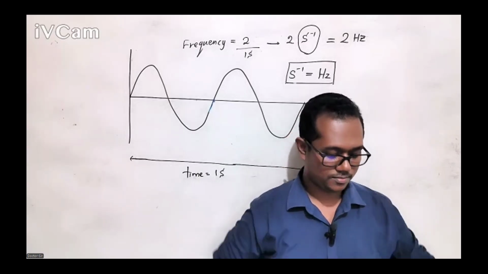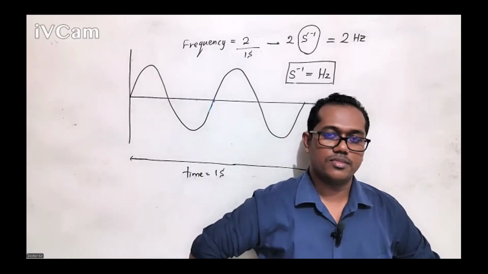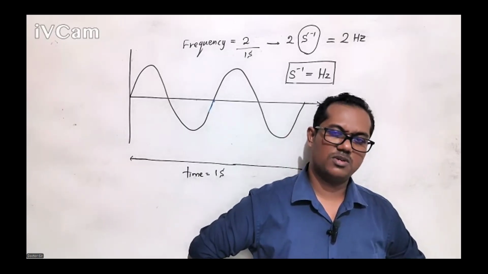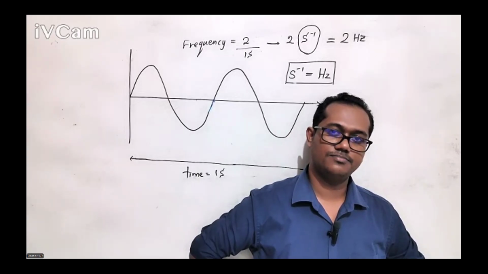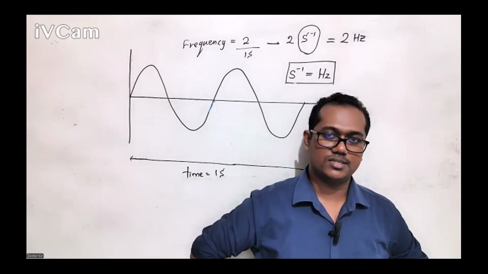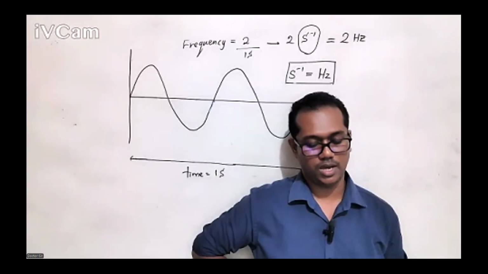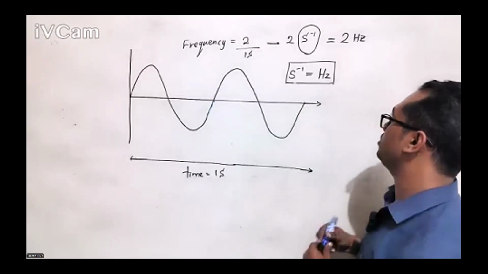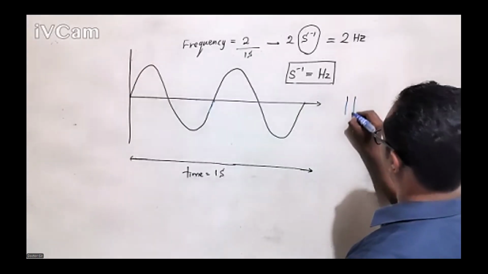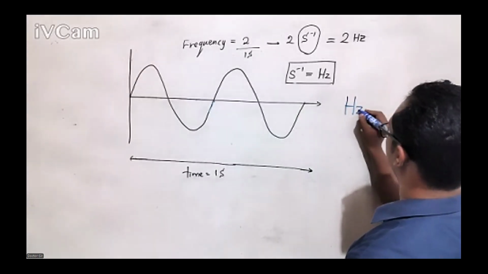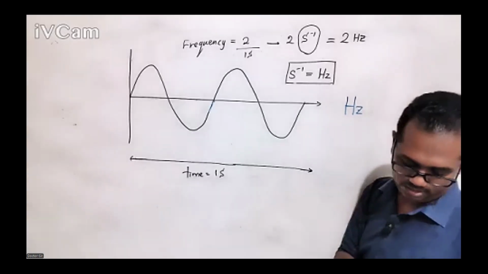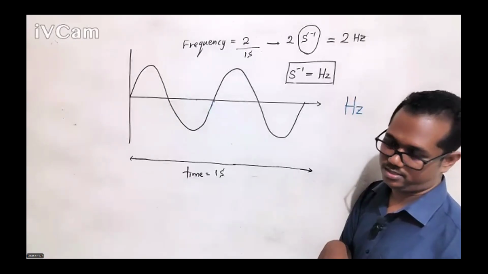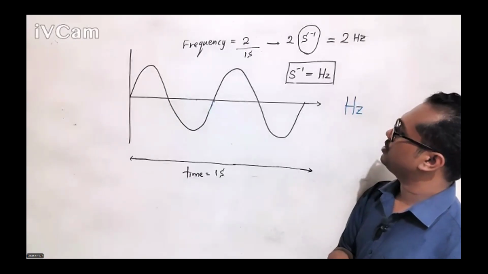The next point: frequency is measured by hertz. So you can write down the unit, hertz: H is a big H, and z is a small z. That is the hertz unit.